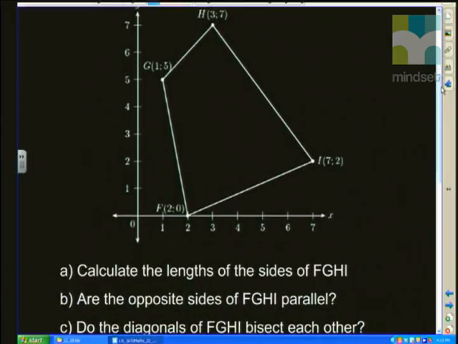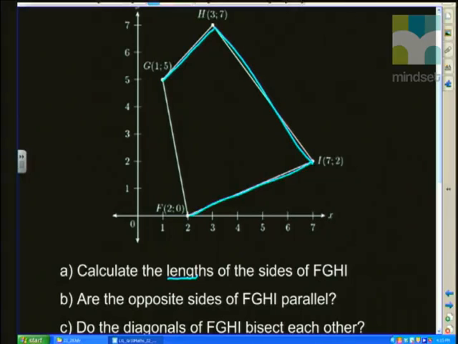And we ask you firstly, calculate the lengths of sides FGHI. They don't tell you specifically, they just say of the entire quadrilateral. So therefore, you're going to have to use your distance formula and work out the lengths of each individual side.